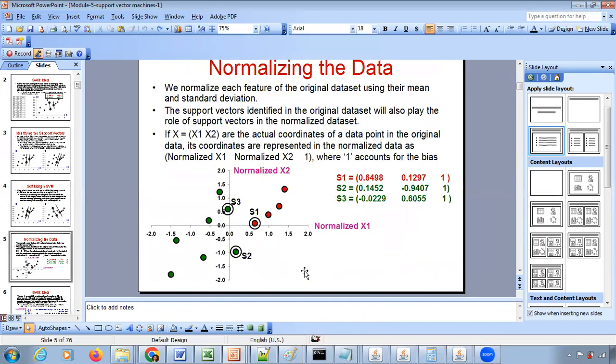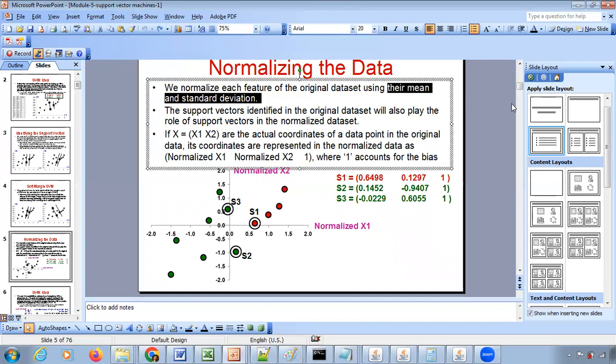That's why we normalize the data set. We move all the feature values to a comparable scale. And the way we'll normalize this is using the mean and standard deviation of the features. I'll show a lot of examples as we start doing the examples.